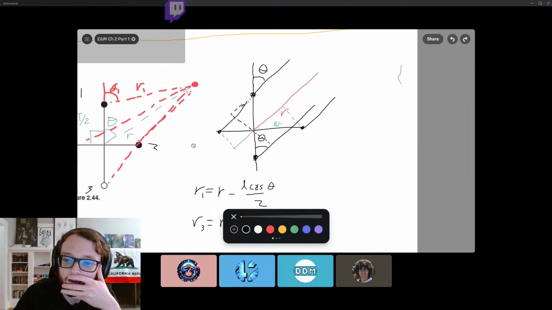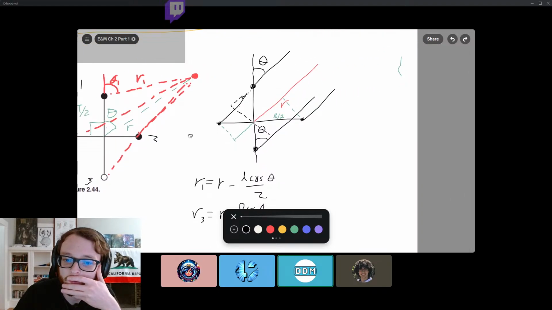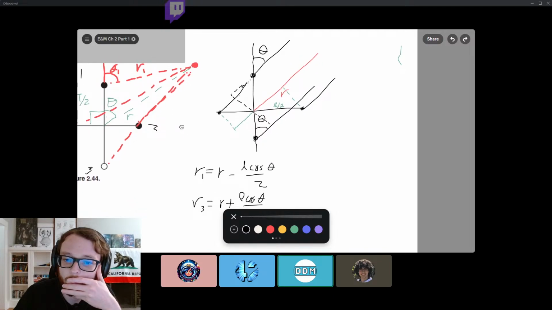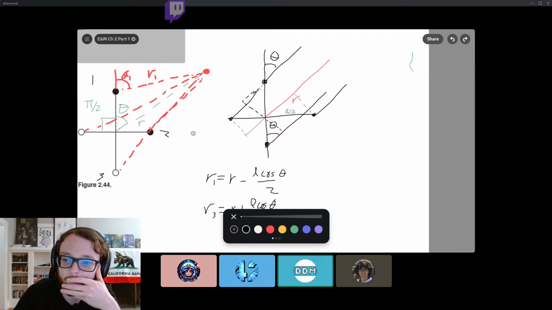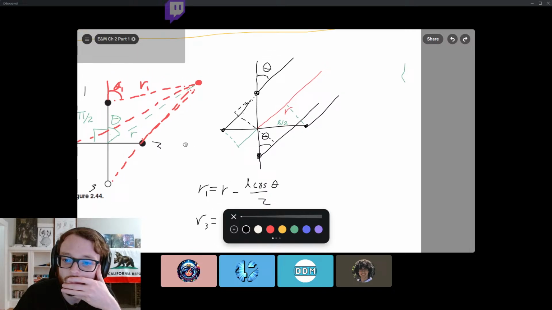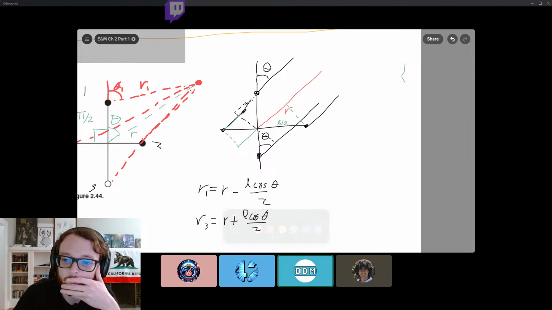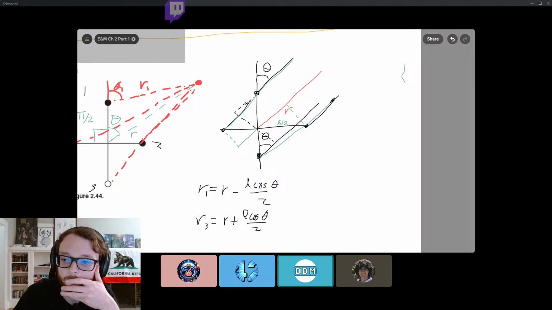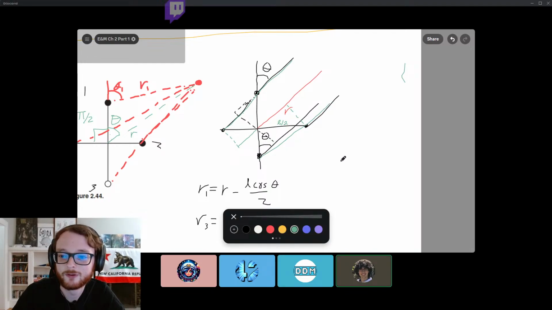I was trying to draw them so they're offset, but if these are parallel lines and they're both L over 2 away from the origin, the horizontal one on the left should eventually be the same as the line from the top charge. And the bottom charge should go into the line from the right charge. No, that's only true if theta is 45.